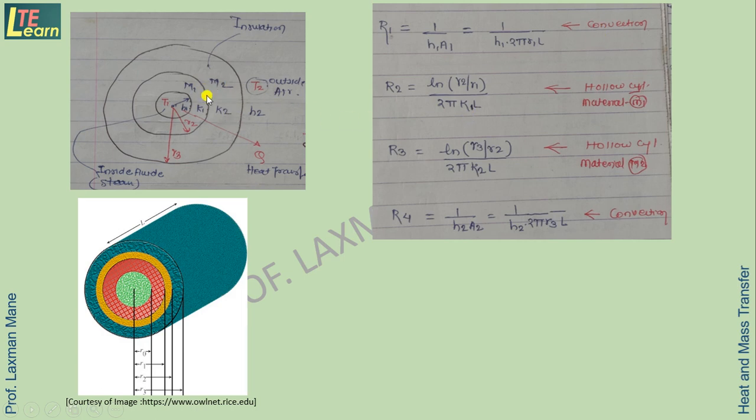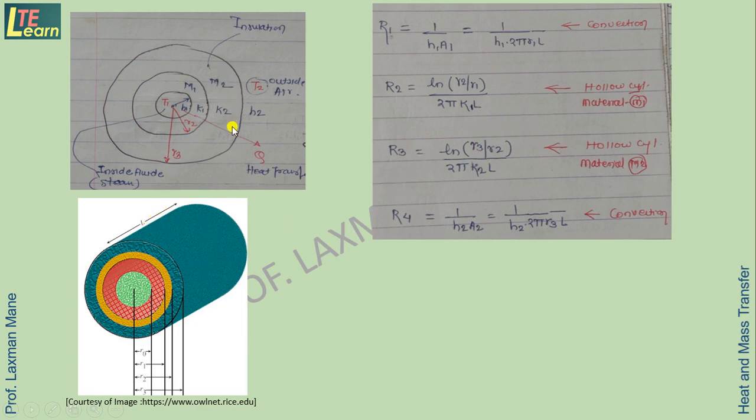R2 is for this cylinder of M1 material. For that, as per the concept we have studied, the resistance formula is the natural log of R2 by R1, divided by 2 pi K1, the thermal conductivity of M1 material, into the length of the hollow cylinder, which is the same for all.